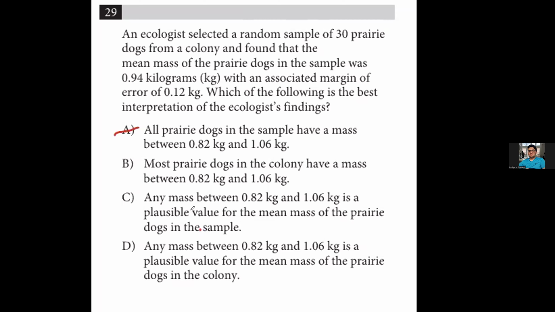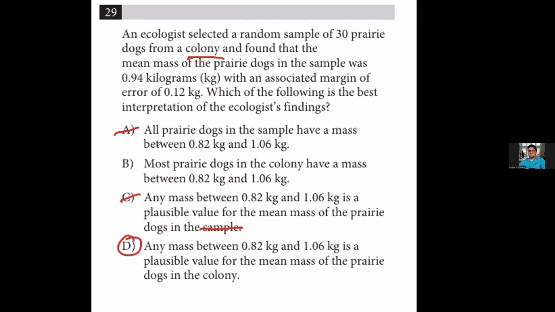So no, this is not correct because this is a sample. We can extrapolate this data into the entire colony. So it's not C. And then any mass between 0.82 and 0.16 is a possible value for the mean mass in the prairie dogs in the colony. The correct answer is D.